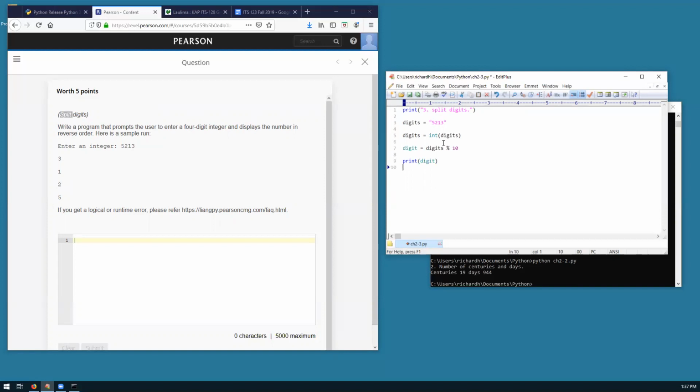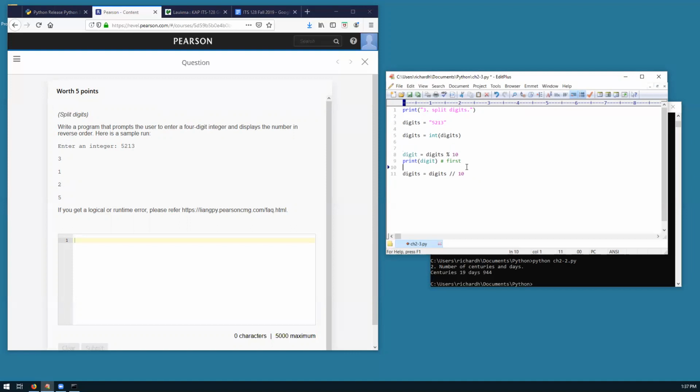And then I can say digits equals digits divided by 10. Okay, so that'll be the first one. This will be the first digit. And you got to be able to do a 4-digit number. So this is the first digit.